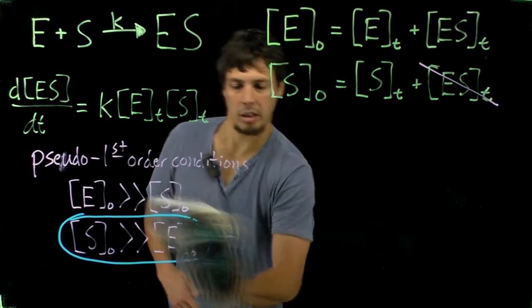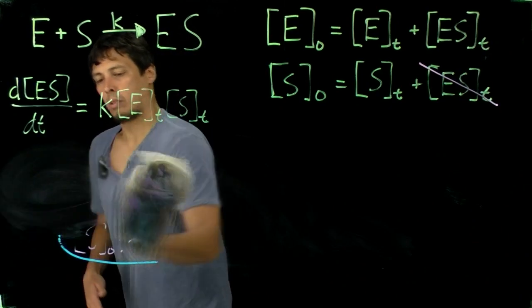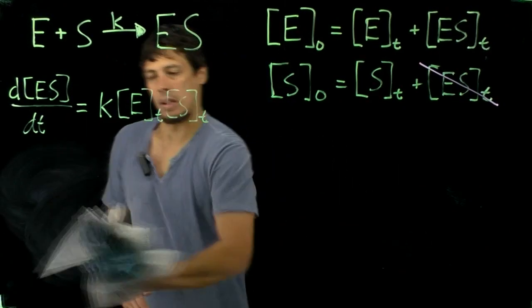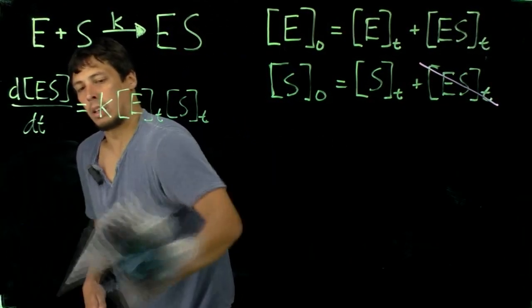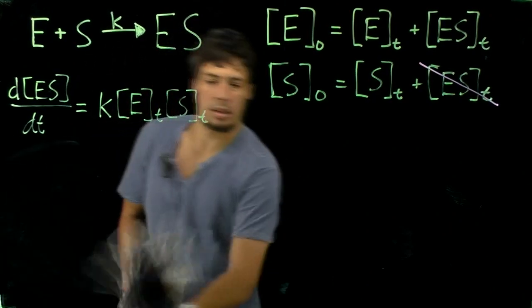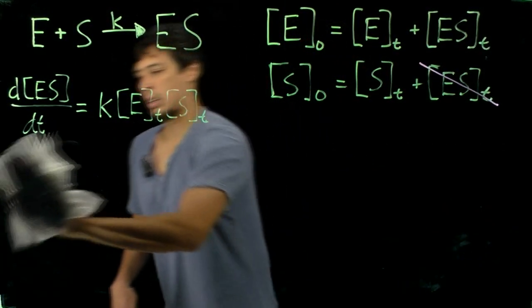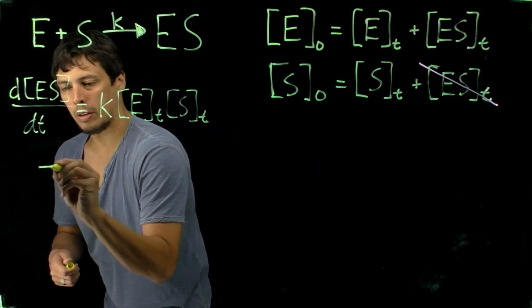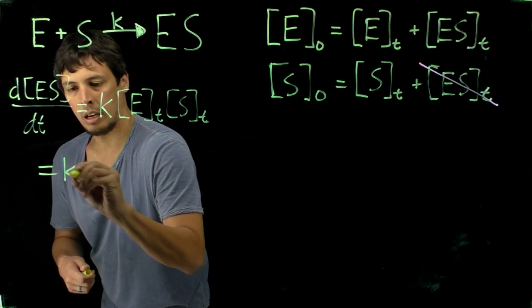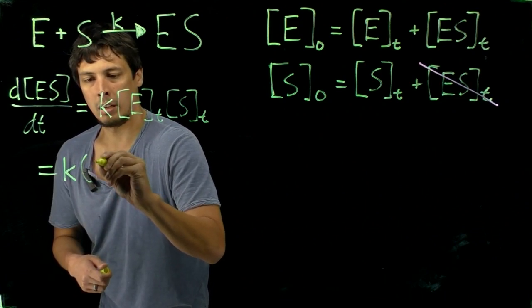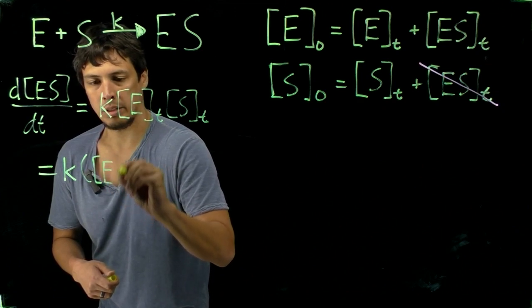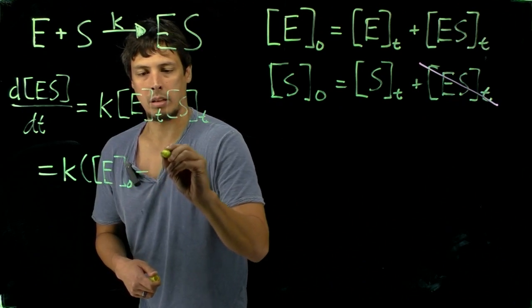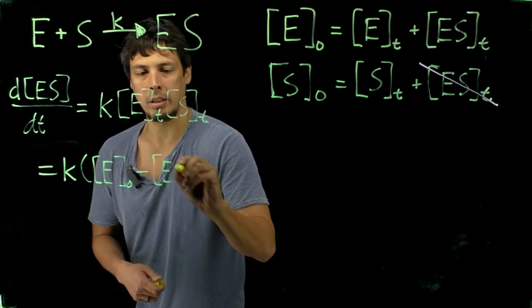So when we do that, what we find is our math simplifies a lot. And then we can say k times the initial concentration of E minus the concentration of ES at any given time t.